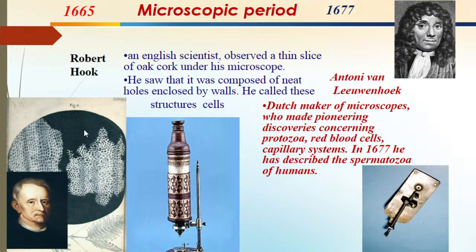This is the book of Robert Hooke named Micrographia, and it also contains investigations of many living objects like insects and other plants. We have seen the classical Robert Hooke microscope, which consists of a tube, an ocular lens and an objective lens.